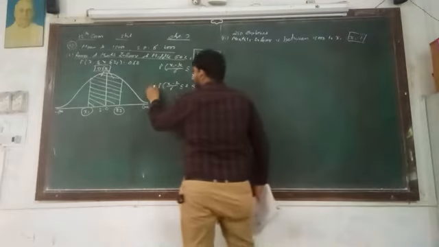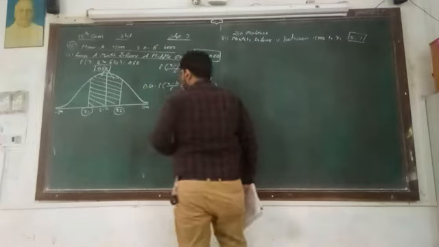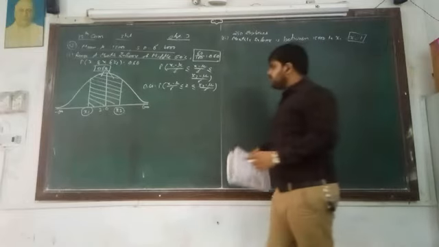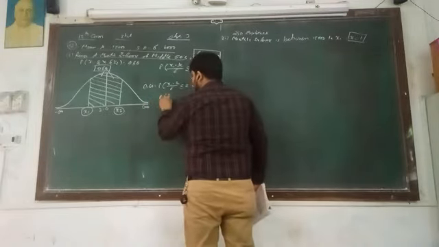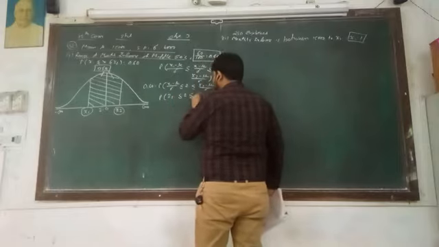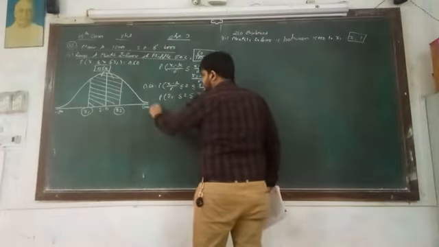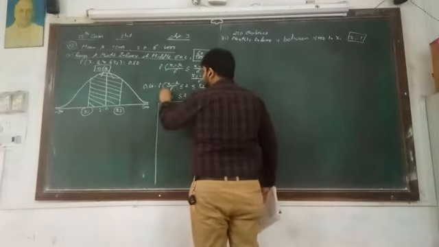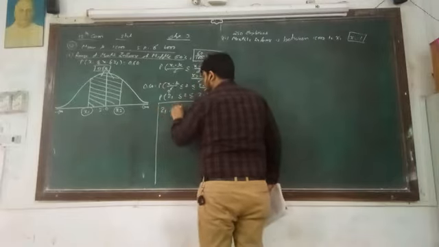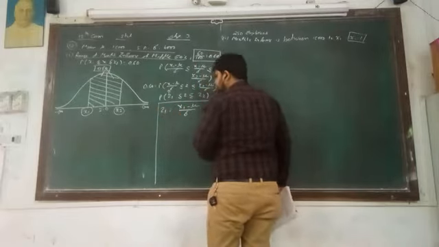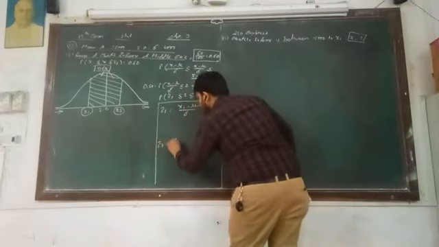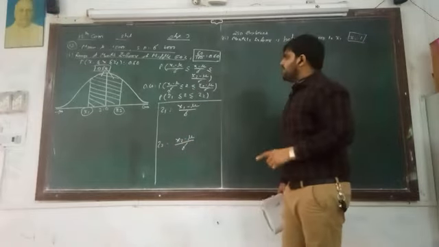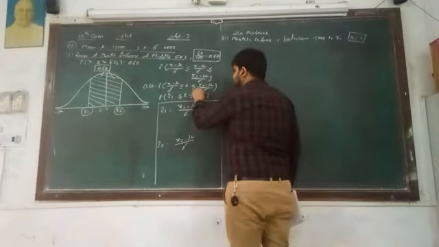The value is given as 0.60. So now we need the values of z1 as well as z2. z1 is equal to x1 minus mu upon sigma, and z2 is equal to x2 minus mu upon sigma. So this is the value of z1 as well as z2.